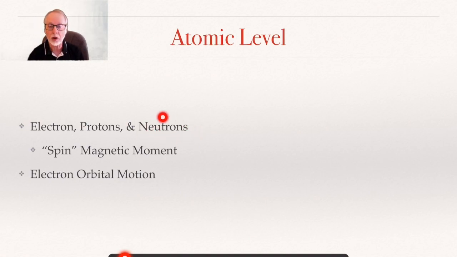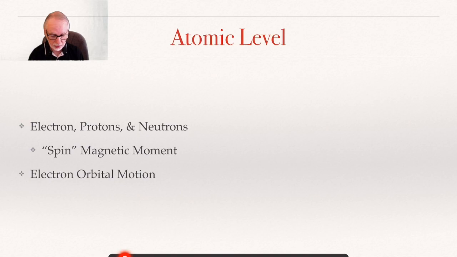It turns out the neutrons also have an intrinsic magnetic moment as well. So the electrons, protons, and neutrons have this thing called spin magnetic moment, which is actually not due to spin. That name is a historical artifact. But there is a magnetic moment associated with each of these particles that exists within an atom.